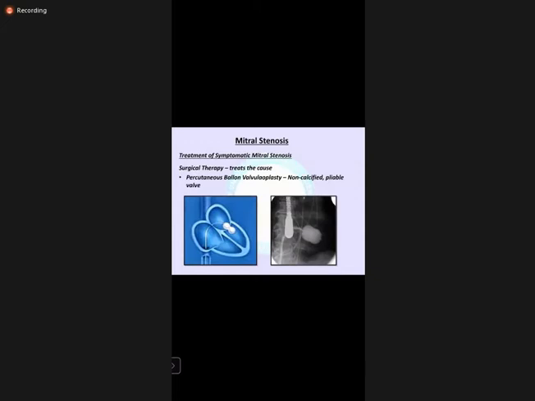The treatment of symptomatic mitral stenosis includes surgical treatment and percutaneous treatment. In the percutaneous treatment, we do percutaneous balloon valvuloplasty in a non-calcified and pliable valve.